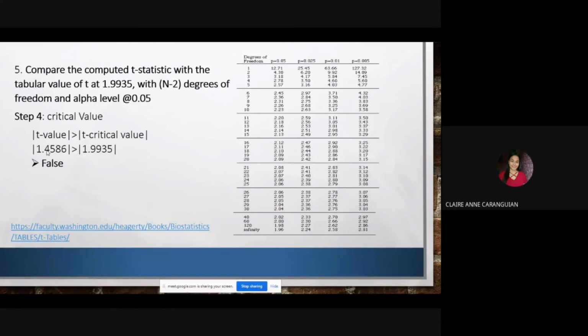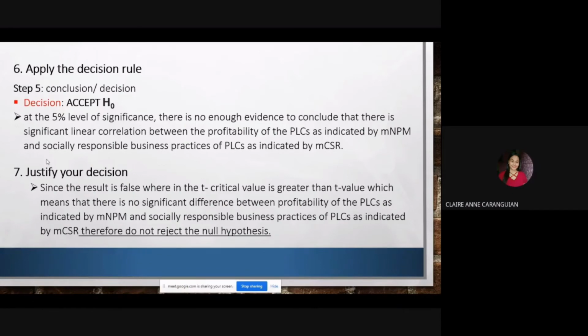Okay? If it is false, then the decision is to accept or do not reject the null hypothesis.